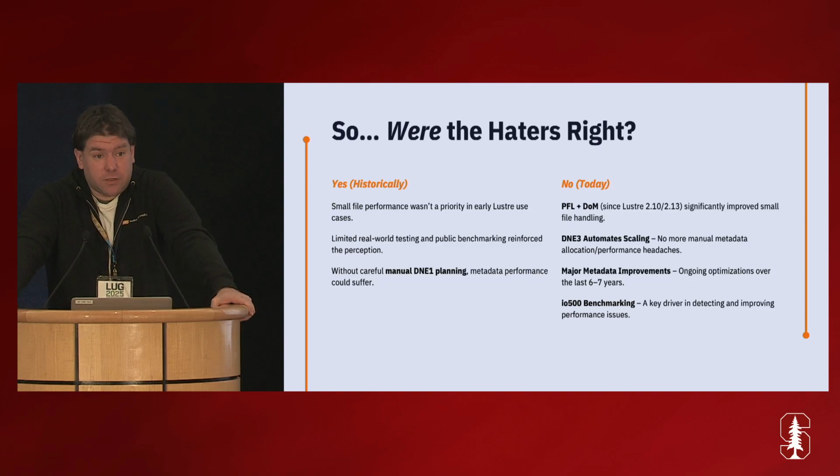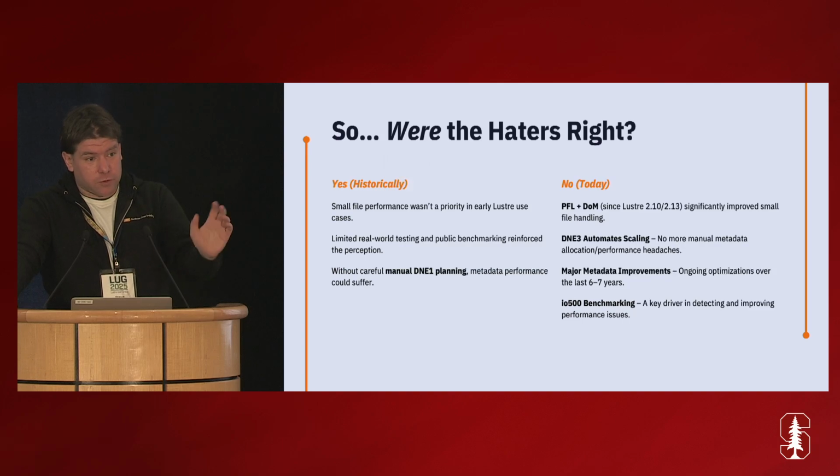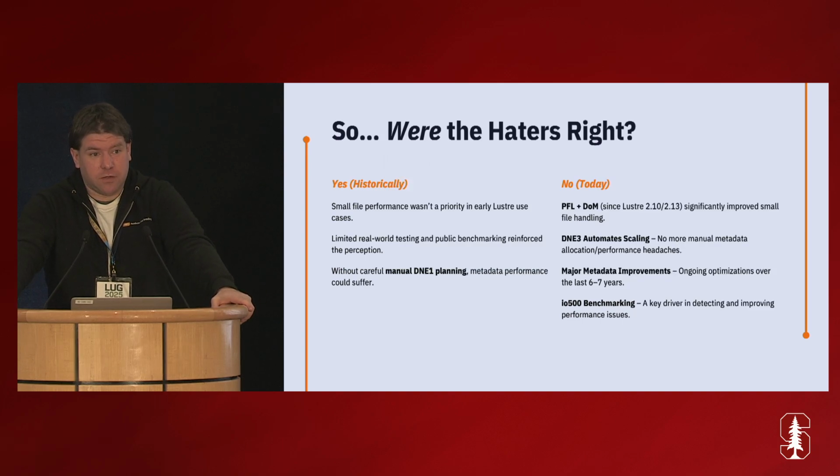And some of this might be because we haven't heard a lot of presentations about it. I've seen presentations about DNE1 and the performance is nice for the IO500, but I haven't seen a lot of "this is the crazy stuff we're doing with metadata on Lustre." So I think some of the stereotype was perpetuated because of that.